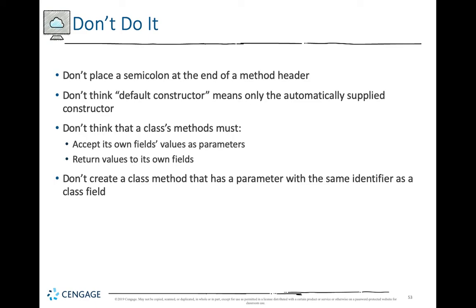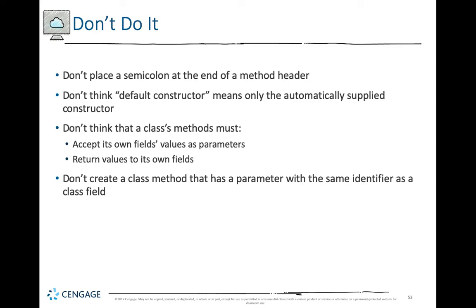Remember, on your methods, these are some basic don'ts. Don't put a semicolon at the end of your method. The only time you do that is if it's an abstract method, or if it's an abstract method inside of an interface.